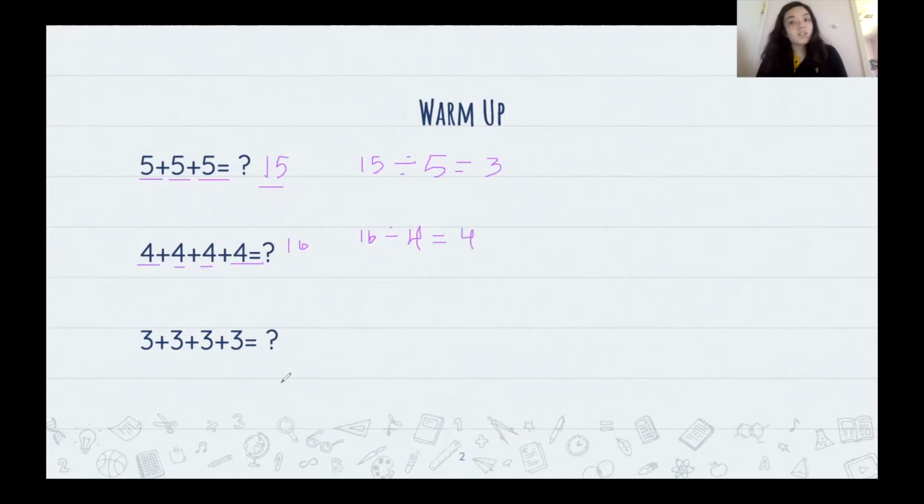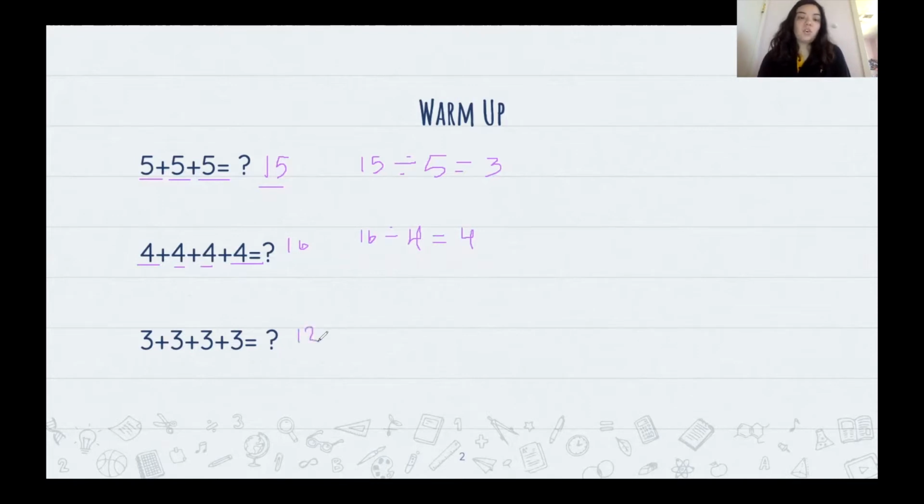Go ahead and pause the video here and try out the last one. When you press play, I'm going to go over it. First, we solve the problem. 3 plus 3 is 6, 6 plus 3 is 9, and 9 plus 3 is 12.